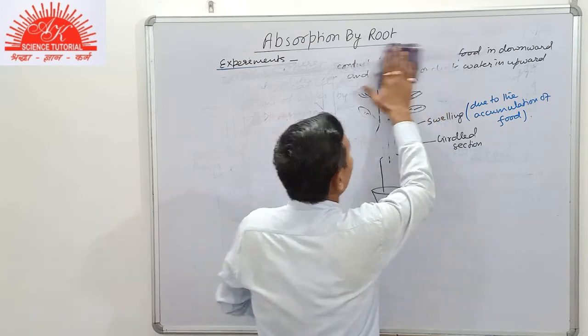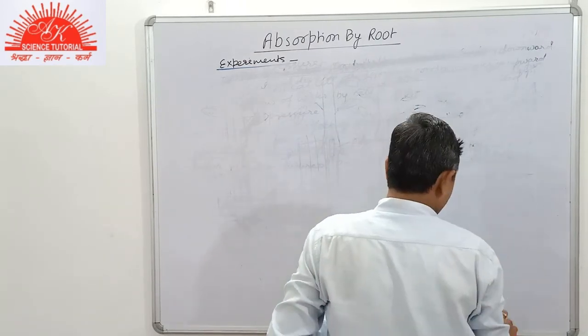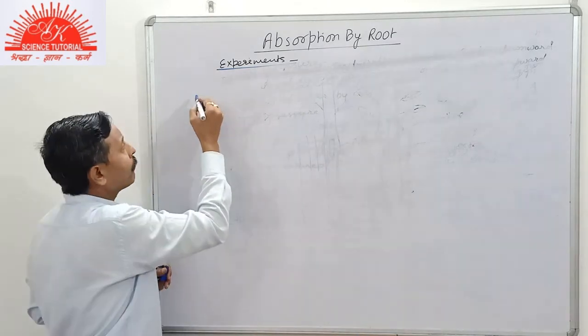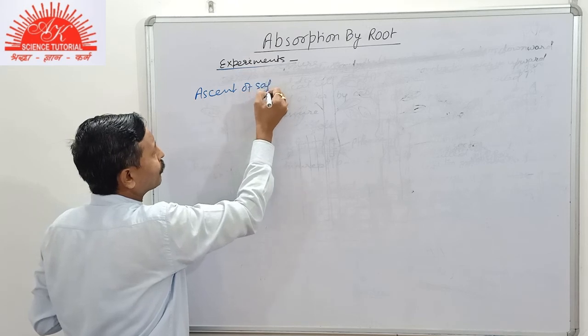So, students, in plants, the water and minerals absorbed by the root, here is the ascent of sap.